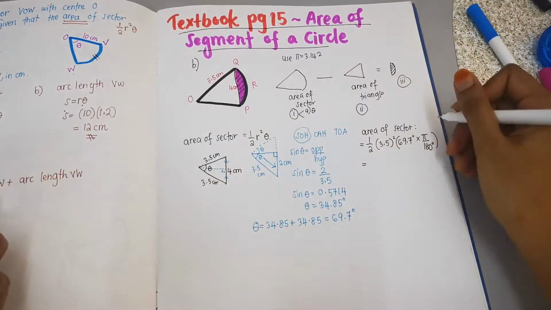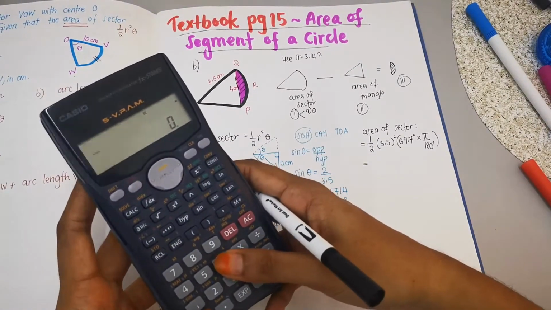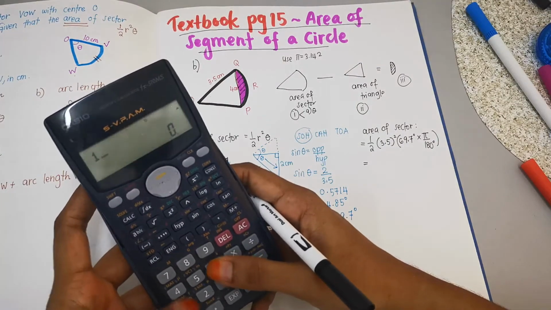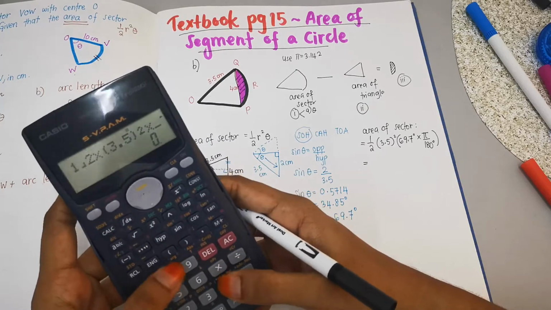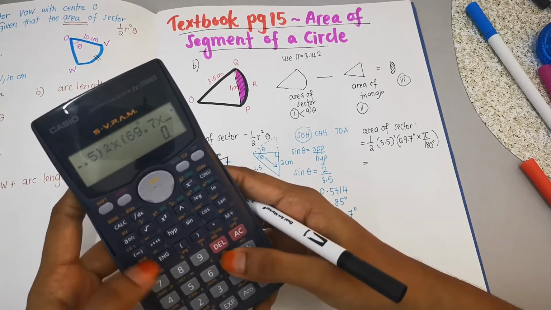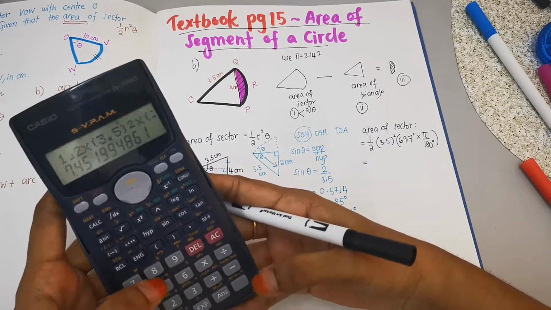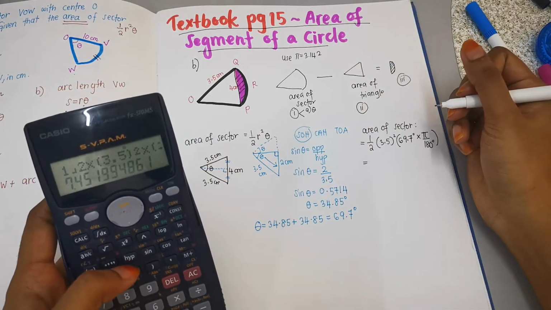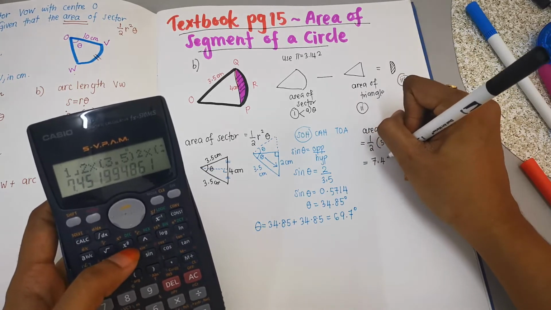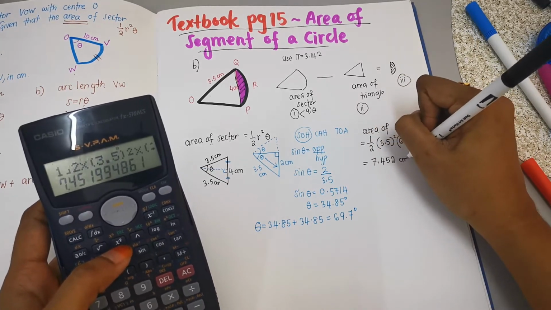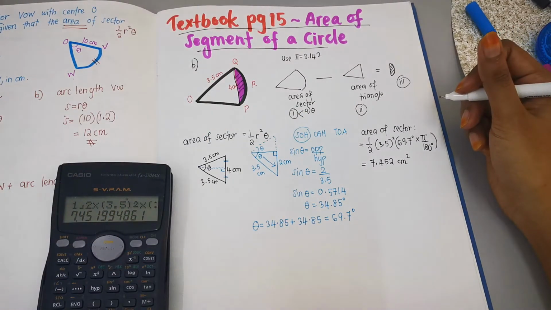Substituting pi as 3.142: 1 over 2 times 3.5 squared times 69.7 times 3.142 over 180. The area of the sector, I get 7.452 centimeter squared.